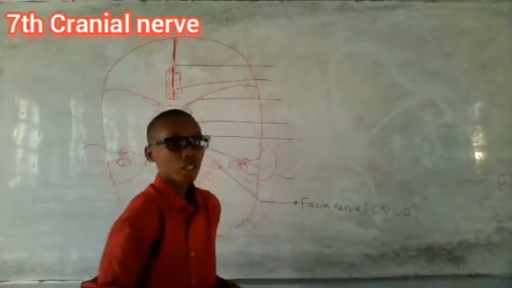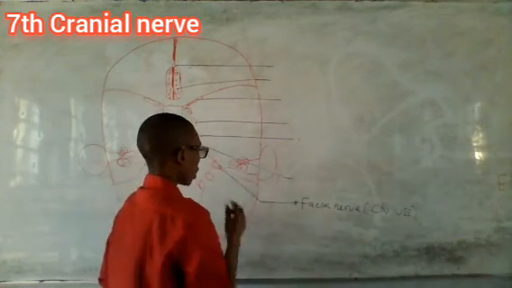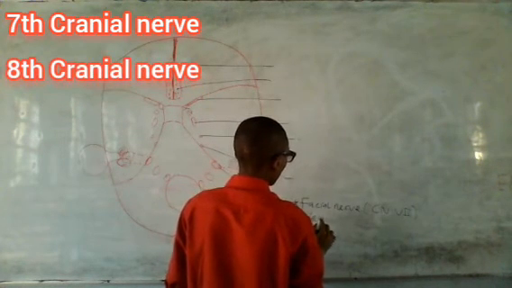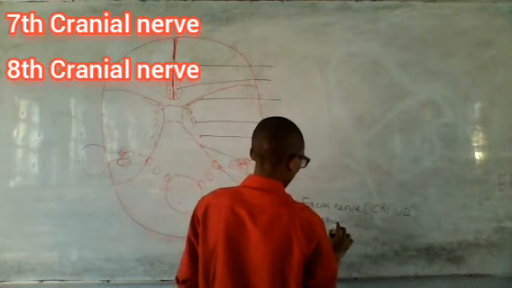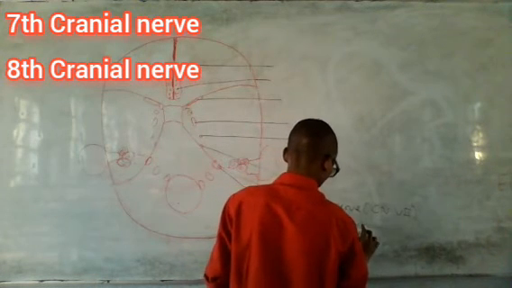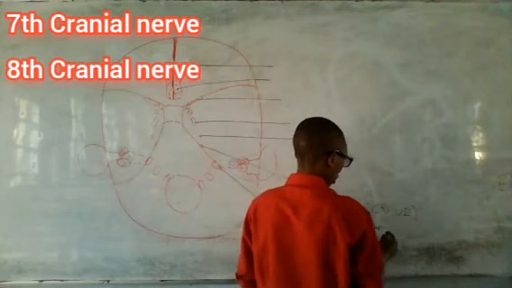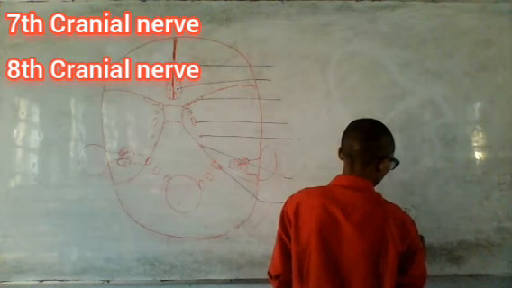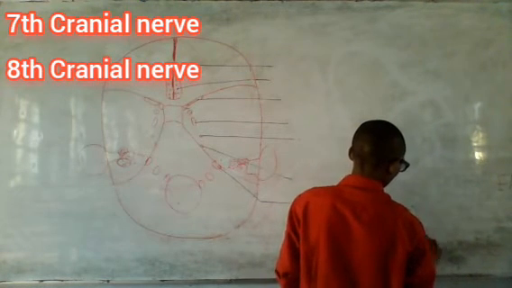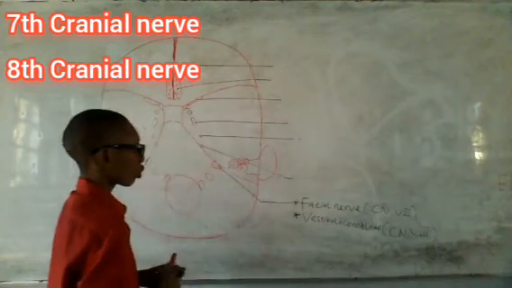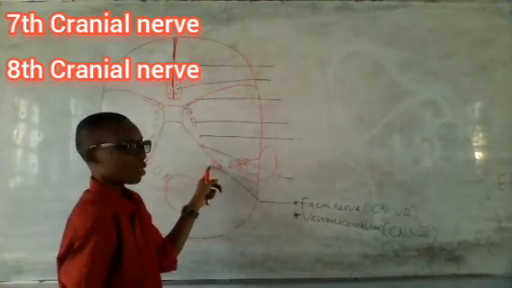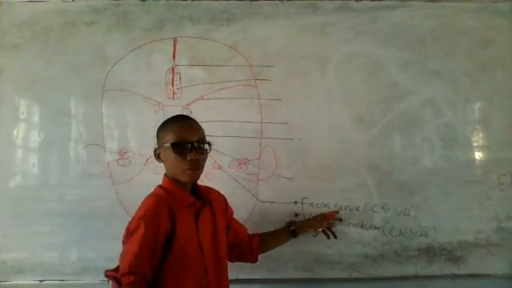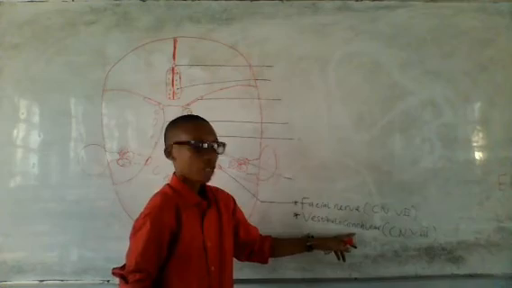Another structure that passes through it is the vestibulocochlear nerve, which is the eighth cranial nerve. So these are the two structures that pass through the internal acoustic meatus: the facial nerve and the vestibulocochlear nerve.